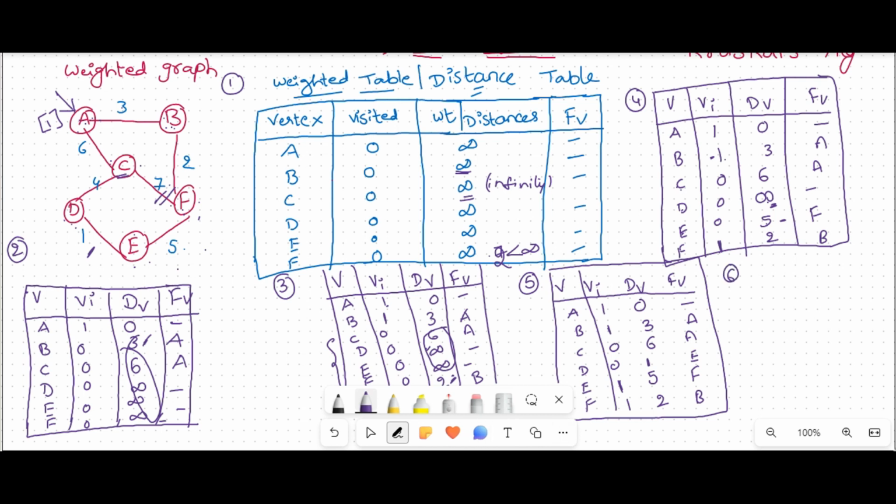Now next step, same. Visited, distance from the vertex.